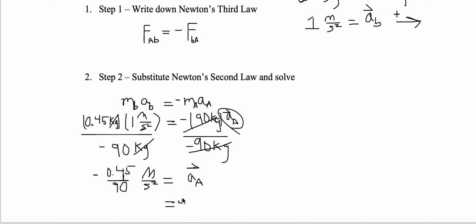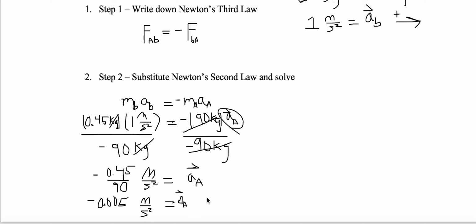So we have our acceleration of the astronaut, and we know our units are meters per second squared. So 0.45 divided by 90 is just 0.005, with a negative sign.